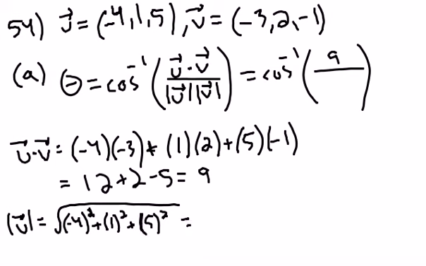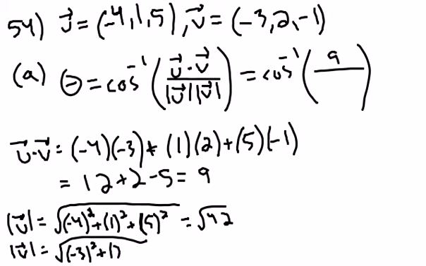Okay, and when you do all this, you get square root of 42. Magnitude of v, same process. You get square root of 14.